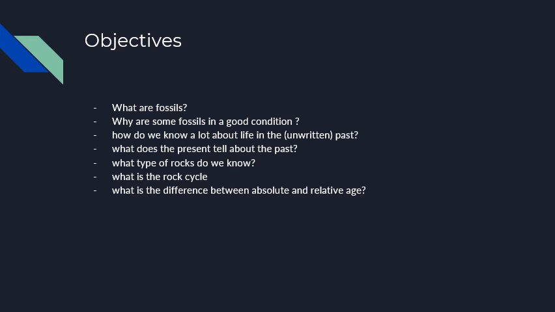What are fossils and how are some fossils in good condition? What do we know and how do we know a lot about life in the unwritten past? What does the present tell us about the past? And then we are going to have a look at rock types, the rock cycle, and the difference between absolute and relative age. But we're going to start with the fossils.